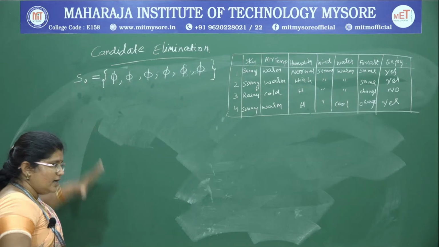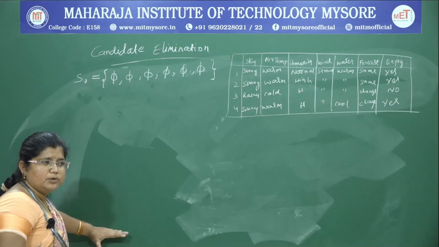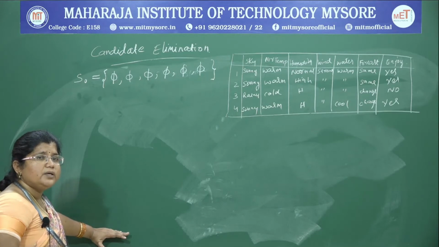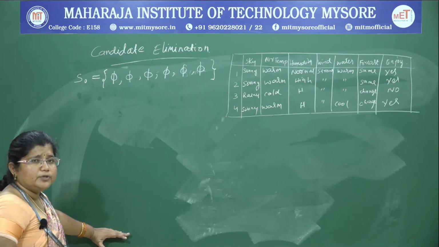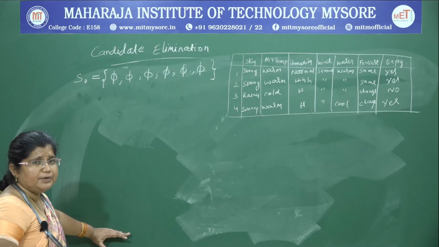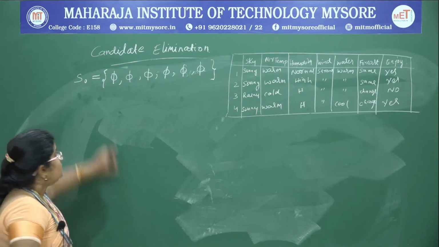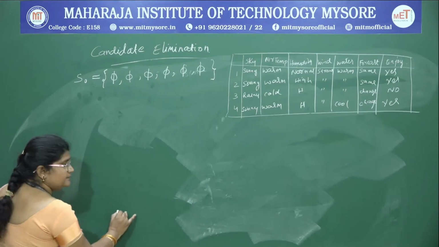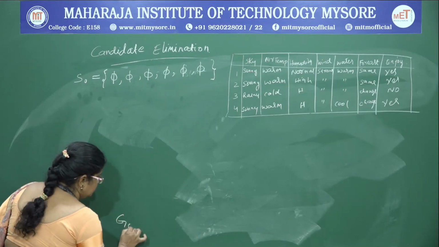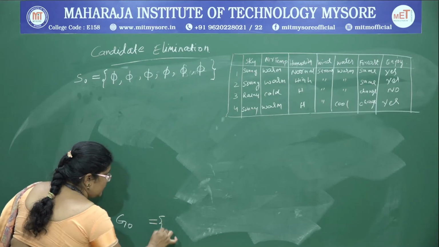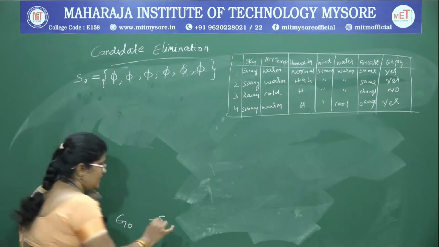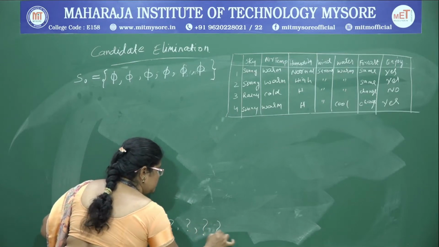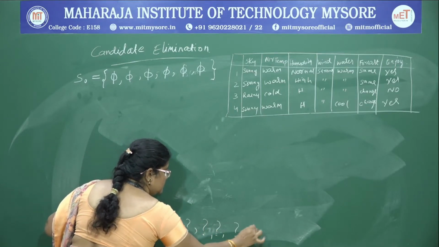We need another boundary, because inside these boundaries we create a version space, a set of hypotheses representing both positive and negative training examples. Now let us have G0, the most generic hypothesis: question mark, question mark, question mark, question mark, question mark, question mark.